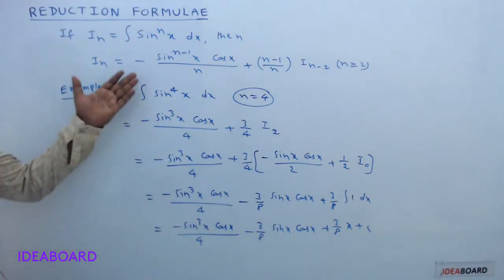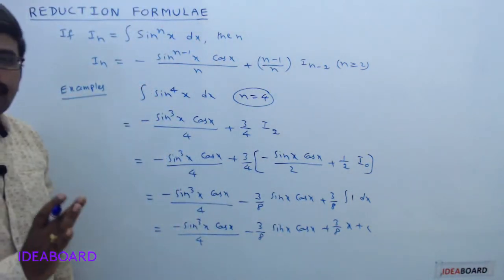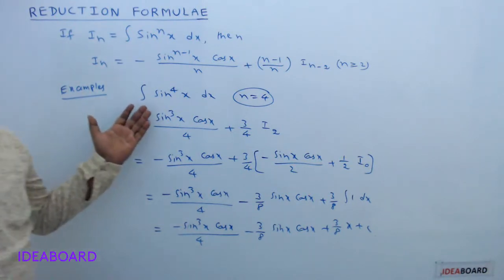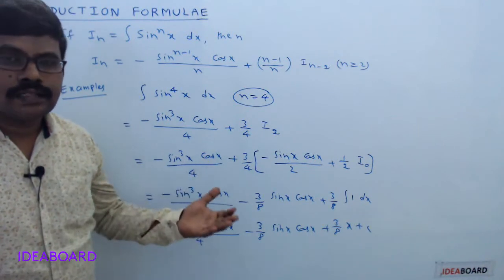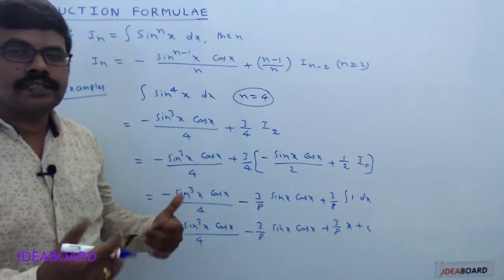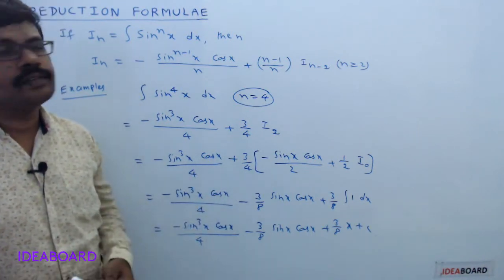So if you know this reduction formula, it is easy to find the values of integral sin square x dx, integral sin cube x dx, integral sin power 6 x dx, integral sin power 10 x dx, like that.